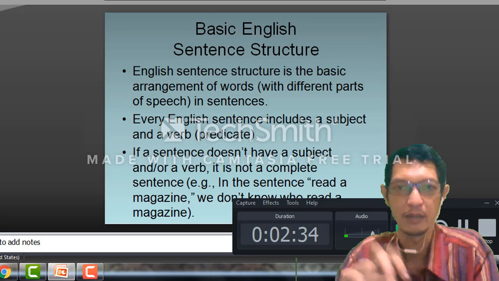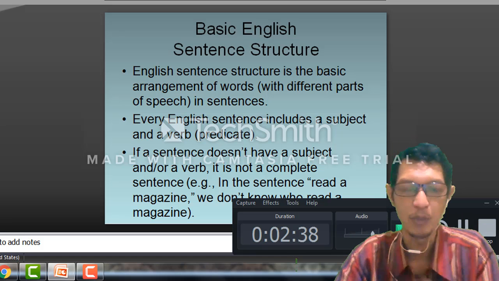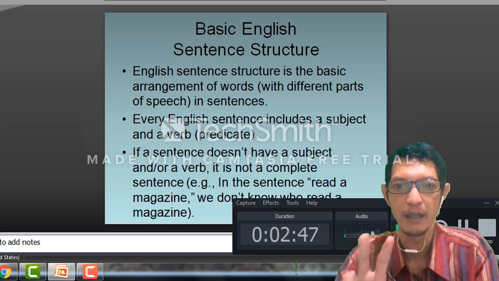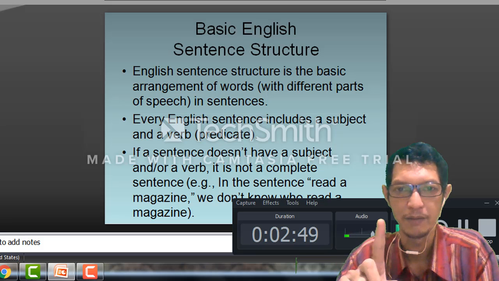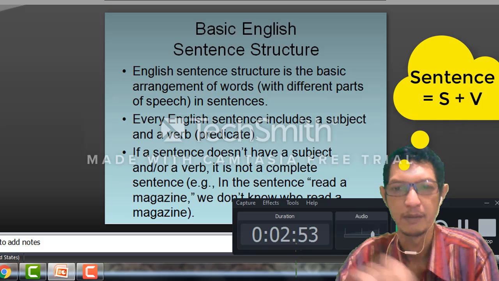That is what we call the central core. So I repeat once again, English sentence construction contains two main elements. The first is the subject; the second is a verb.